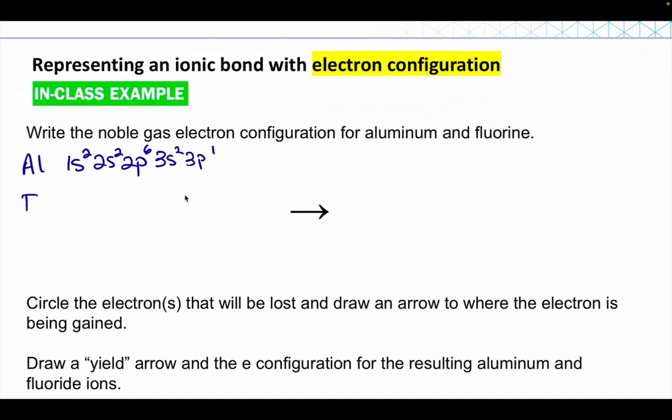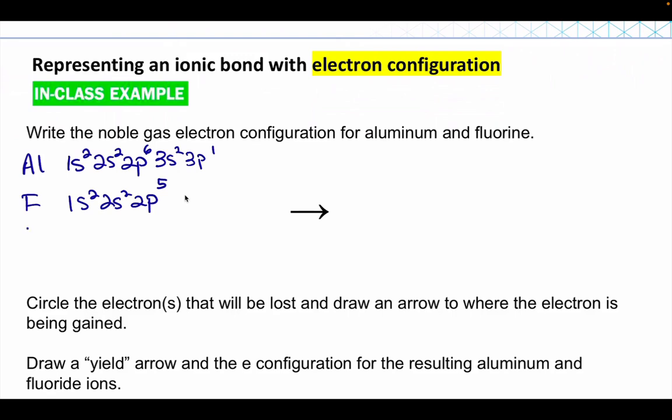And then fluorine, 1s2, 2s2, 2p5. You can see that the aluminum is going to want to lose the 2 electrons in the 3s and that 1 electron in the p, because underneath that, it will have a full octet of electrons, and it'll be like neon.